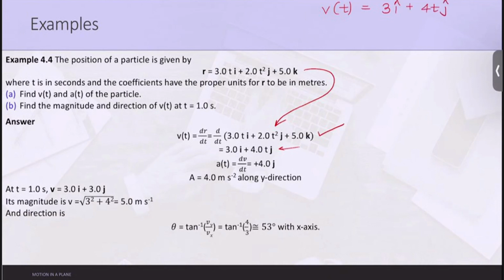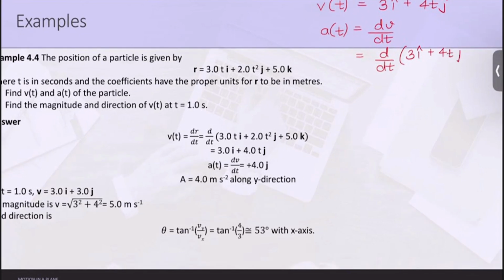Okay, now let us do the similar thing for acceleration also. We know what is acceleration. Acceleration is nothing but equal to dv by dt. Correct, it is dv by dt. So with this expression here, it will be d by dt of 3i cap plus 4t j cap.